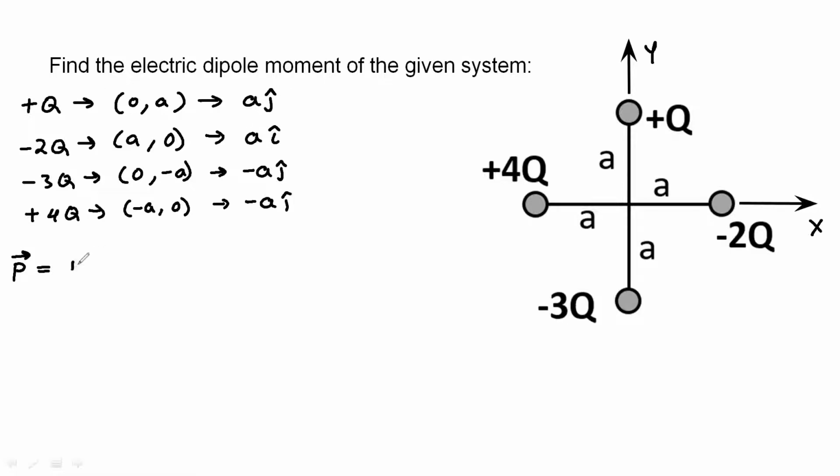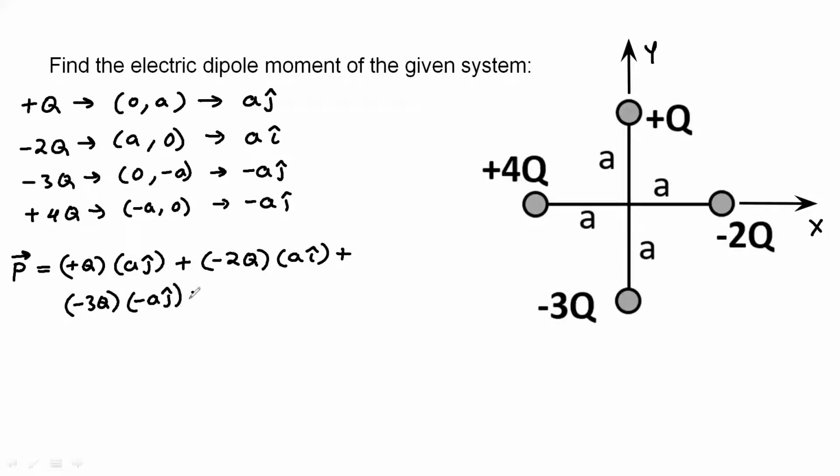So plus q times a j cap plus minus 2q times a i cap plus minus 3q times minus a j cap plus 4q times minus a i cap. Okay, don't get confused. This is i cap. All right. So let's calculate this.